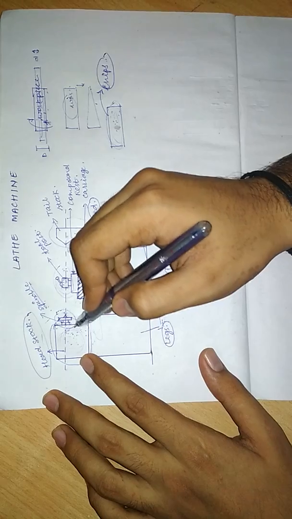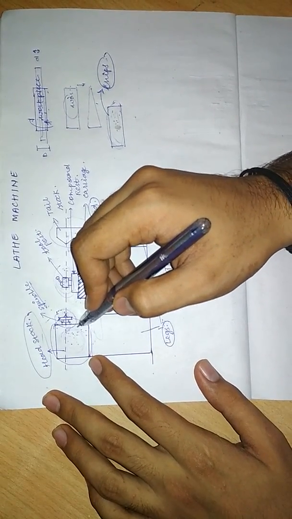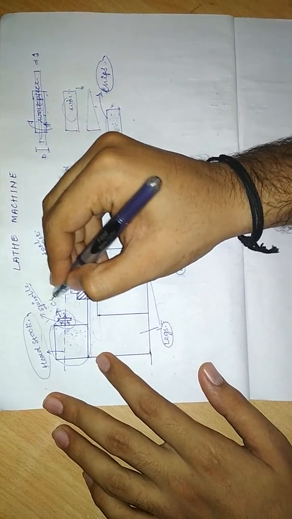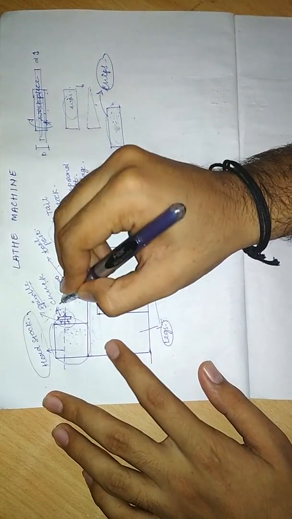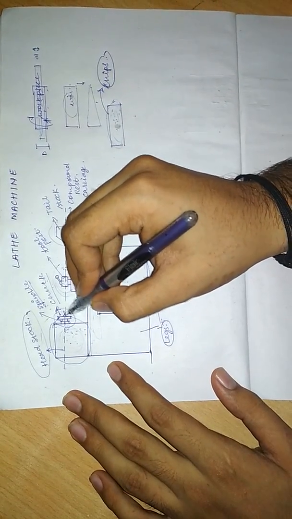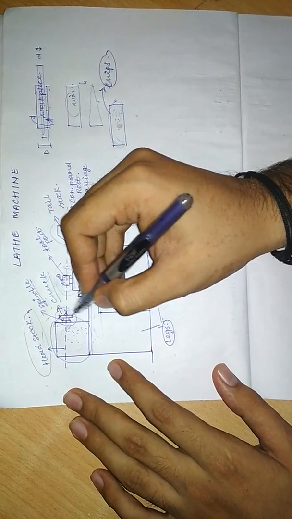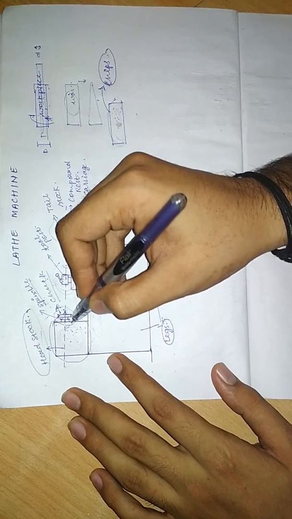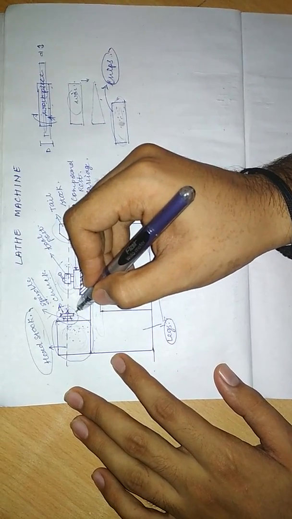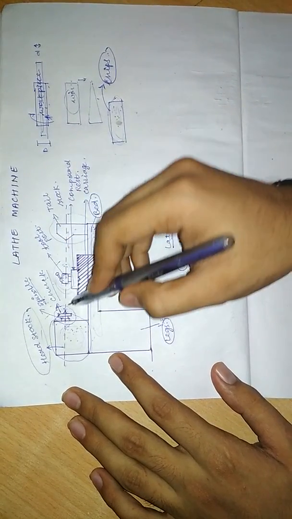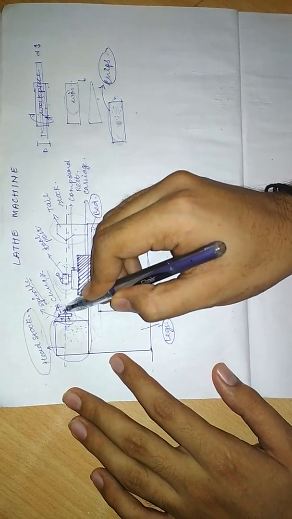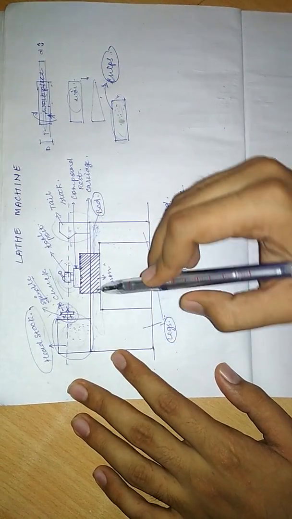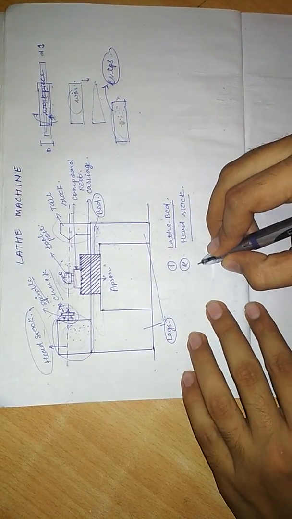It is the main rotating shaft upon which the chuck is mounted. So the chuck is mounted on this spindle, which is the main rotating part in the headstock. Chuck is supported by thrust bearing in the headstock. So this is about headstock.